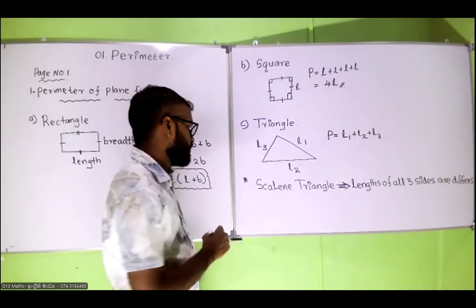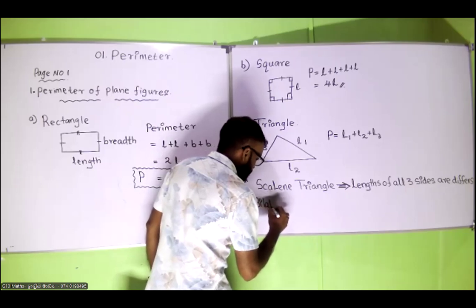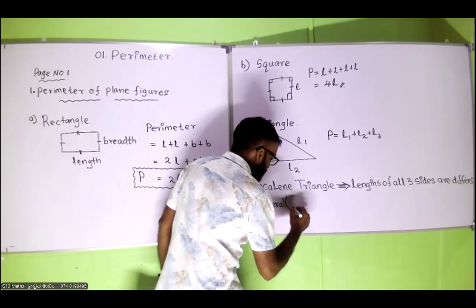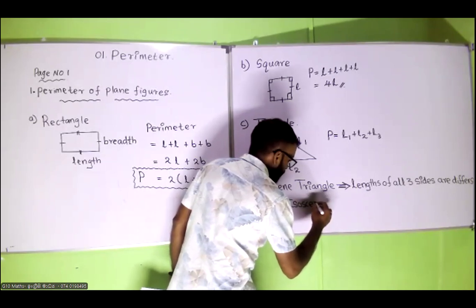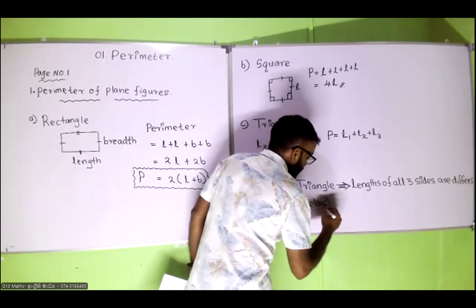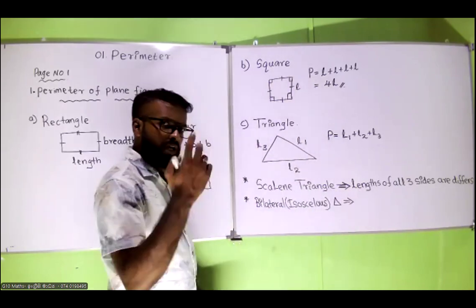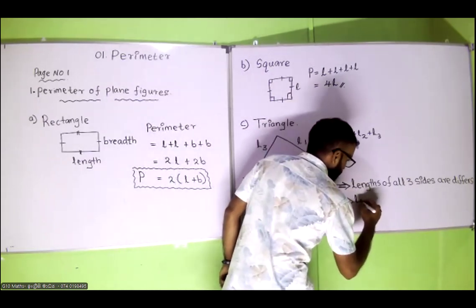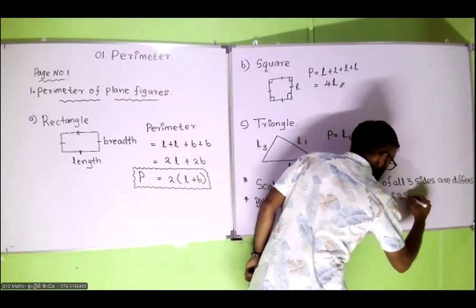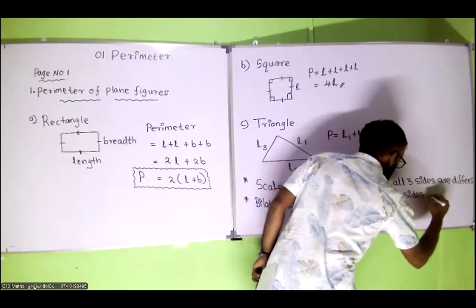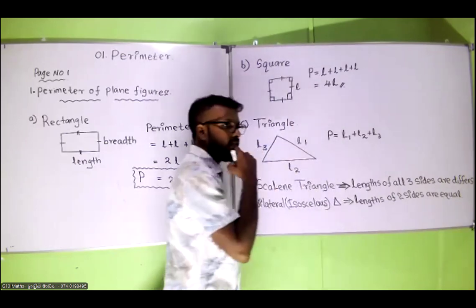Scalene triangle. And the isosceles triangle: the lengths of two sides are equal.